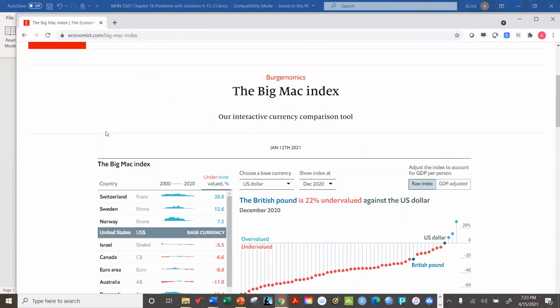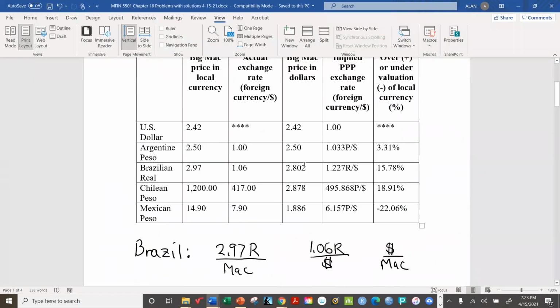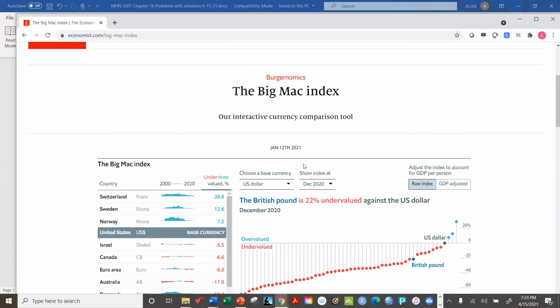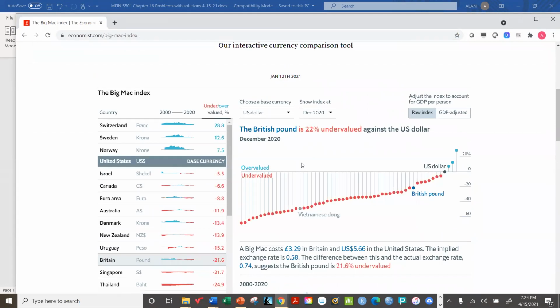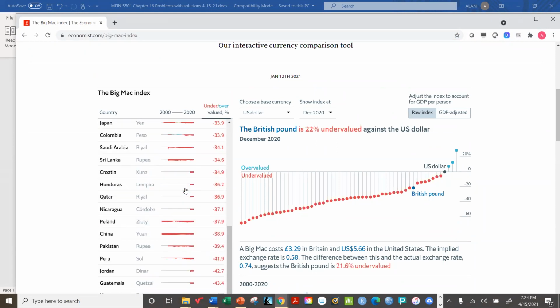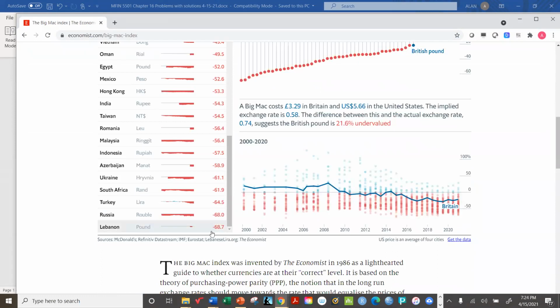It's so funny. It's just the opposite of this. Mostly these are over. Here, only 3 of them are overvalued. The rest of these are under by quite a lot. Look at these numbers. It goes as high as 68.7% for Lebanon.